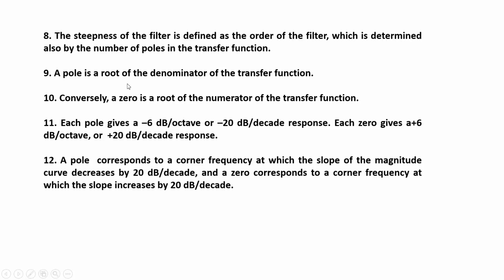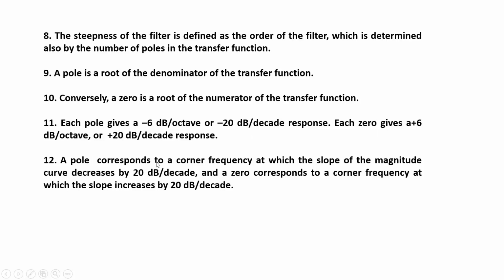A pole is a root of the denominator of the transfer function. Conversely, a zero is a root of the numerator of the transfer function. Each pole gives a minus 6 dB per octave or minus 20 dB per decade response, whereas each zero gives a plus 6 dB per octave or plus 20 dB per decade response.